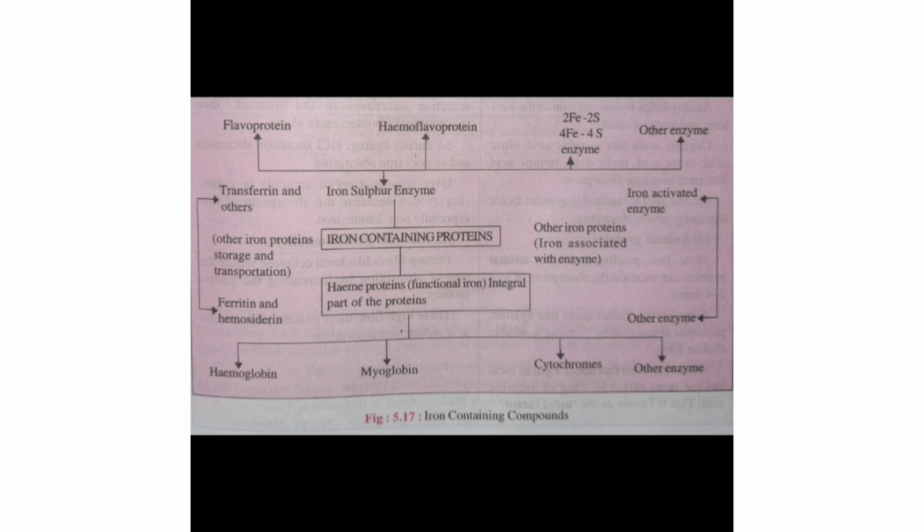Moreover, iron is needed in very small amounts, but still it does a long list of good and important things in our body. So this is the main idea of the formation of RBC and the functions.